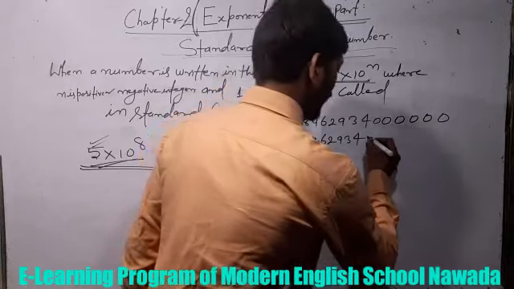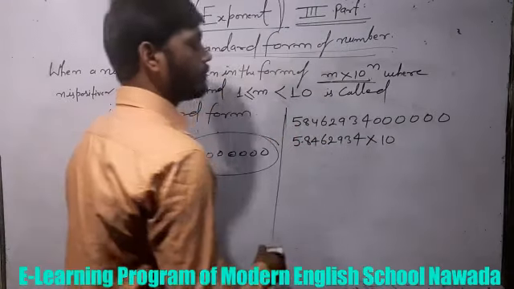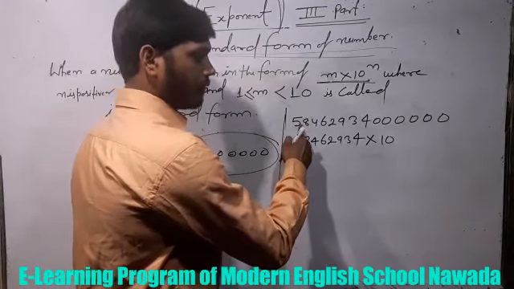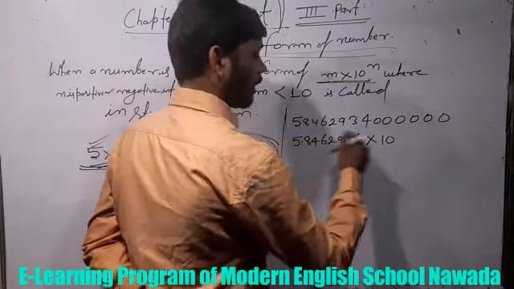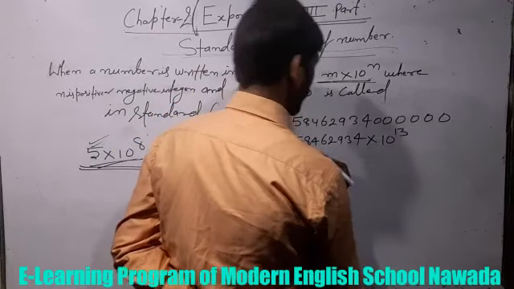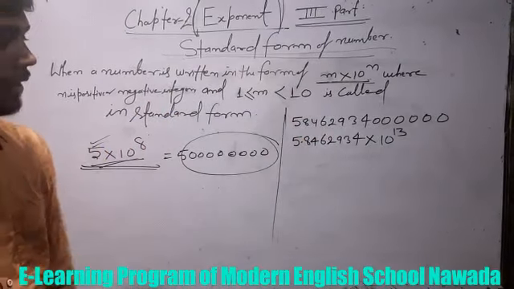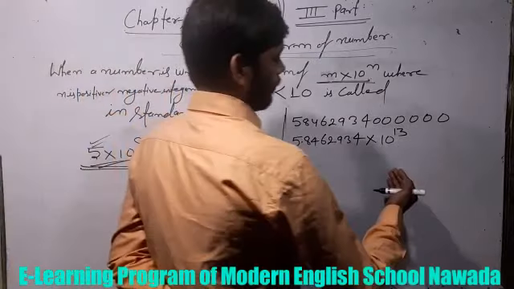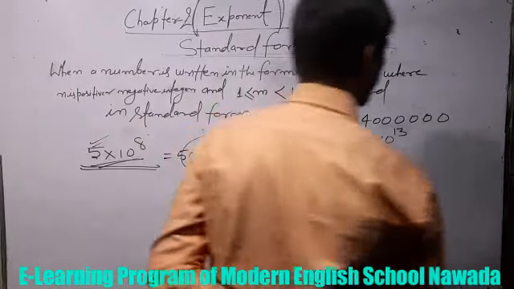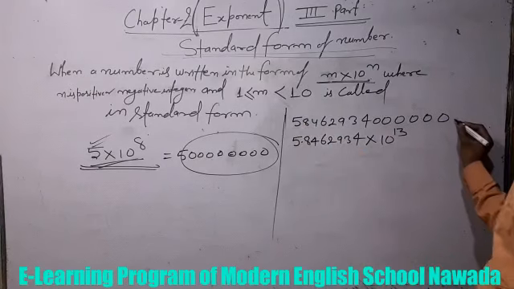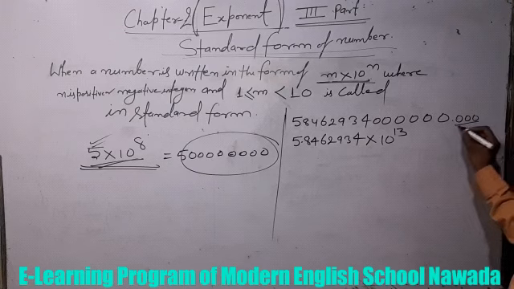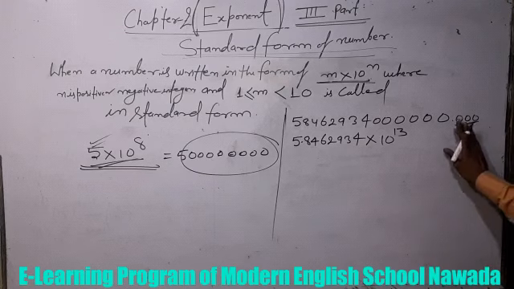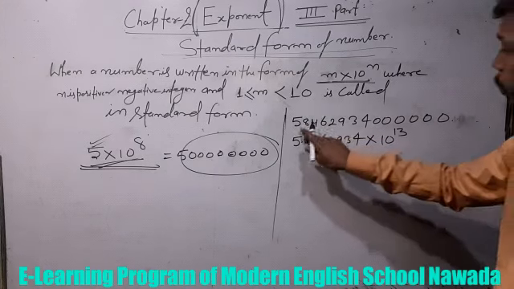5.8462934 into 10 to the power, where the point is written. After the point, how many digits are there? 13. So its power is 13. Where is the point in the original number? Suppose the point is at the end, because after the point there is no value other than 0.